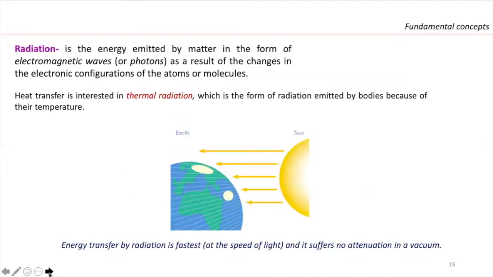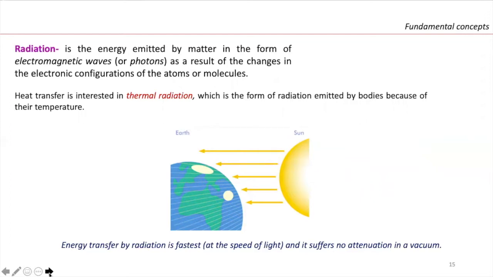Let's review pretty fast the third type of heat transfer. And again, we are going to revise each of them in detail in the course. Now is just to give you a brief overview. The third type of heat transfer mode is radiation. Radiation is the energy emitted by matter in the form of electromagnetic waves or photons as a result of changes in the electronic configurations of the atoms or the molecules.